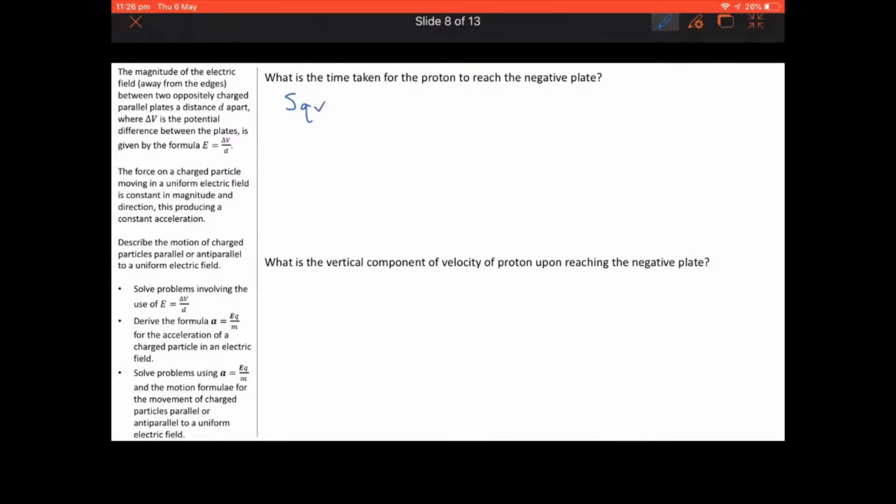So the displacement of the charge vertically is equal to the initial vertical velocity of that charge multiplied by time, plus half the acceleration of the charge vertically, multiplied by time again.